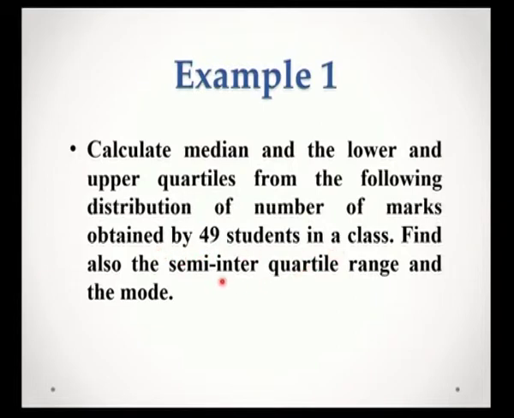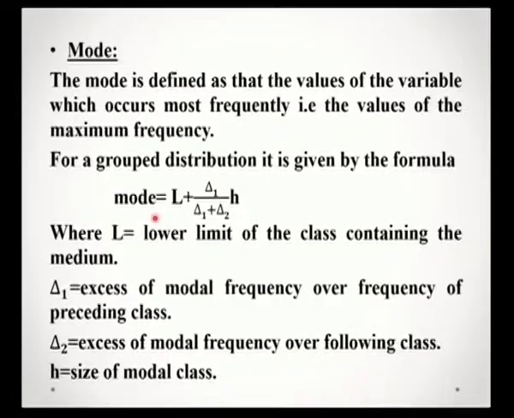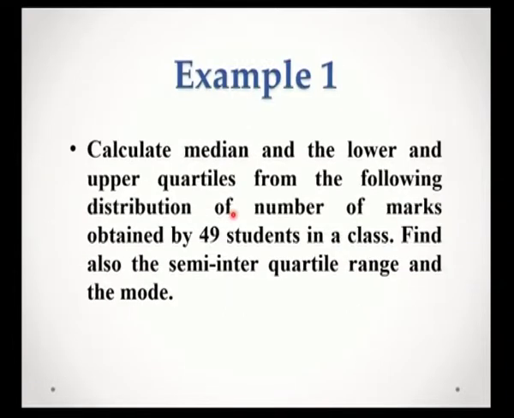Find also the semi-interquartile range and the mode. You know the formula to calculate mode: mode is equal to L plus delta 1 by delta 1 plus delta 2 into H. Like that, you can apply the formulas to calculate the lower quartile and upper quartile.